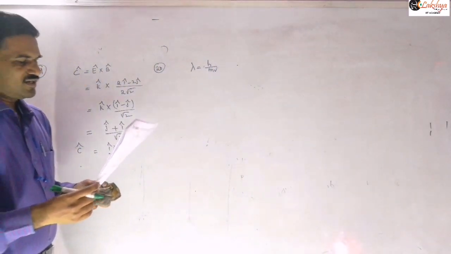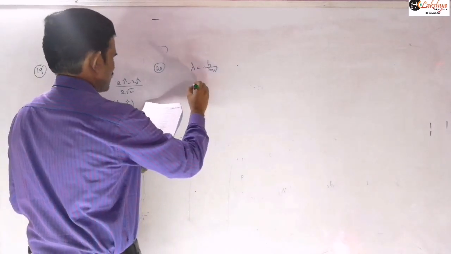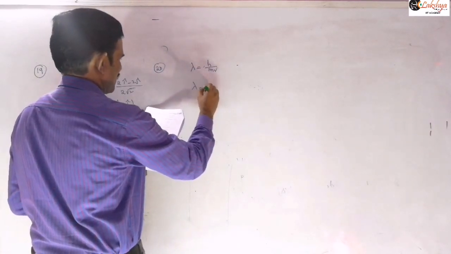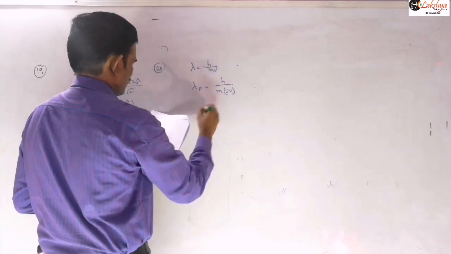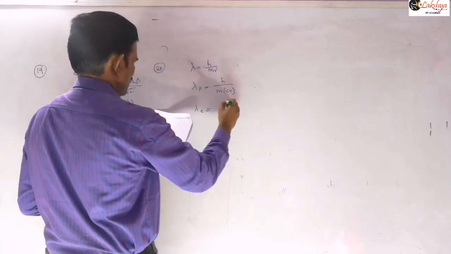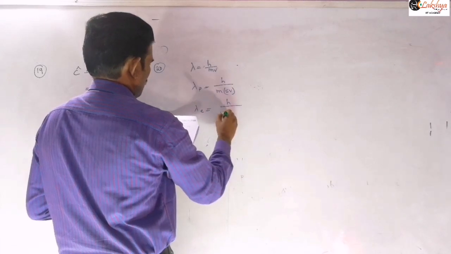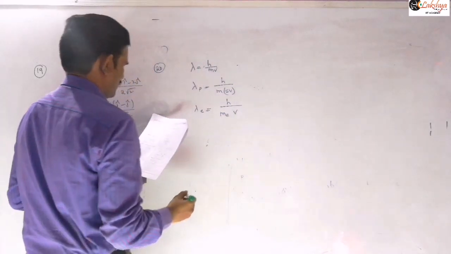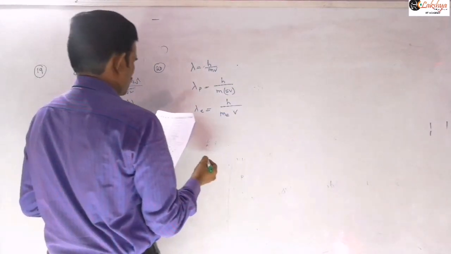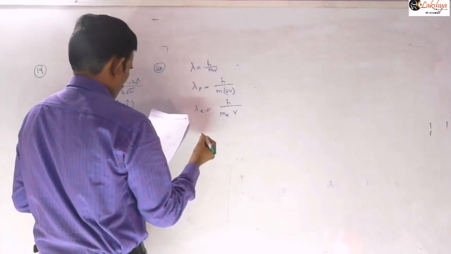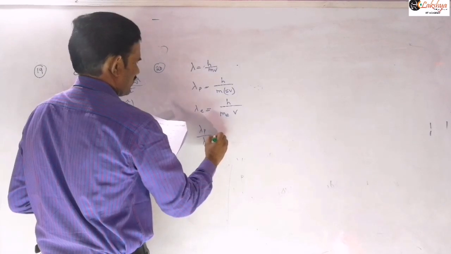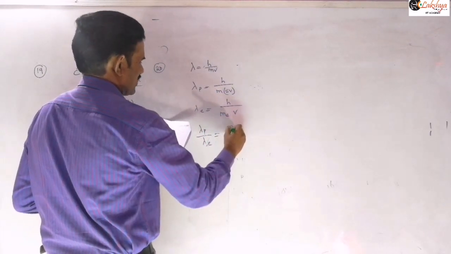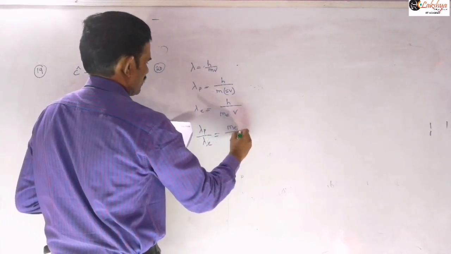So 5 times faster, that means the de Broglie wavelength of this particle is h by m into 5 times that of electron, and for the electron it is h by mass of electron into V. Just take the ratio of these two. So then de Broglie wavelength of particle to that of electron is me by m into 1 by 5.